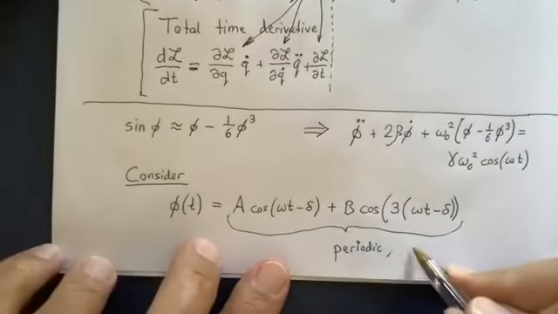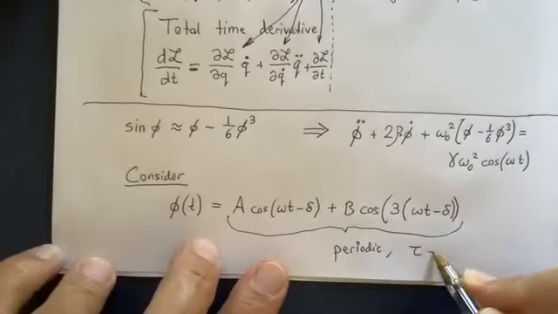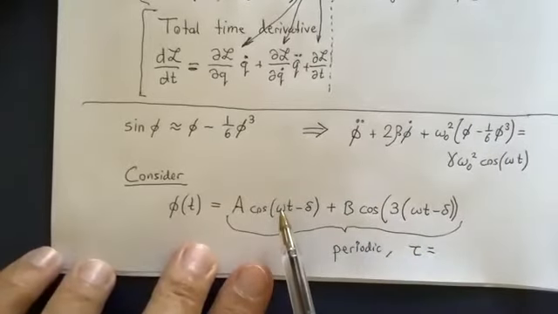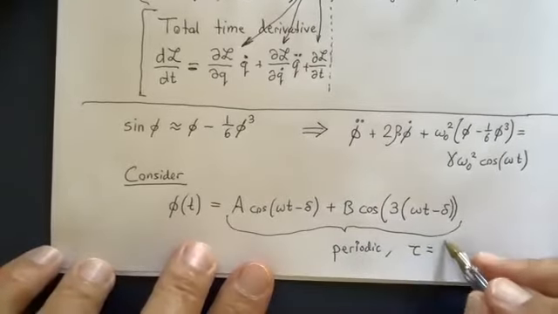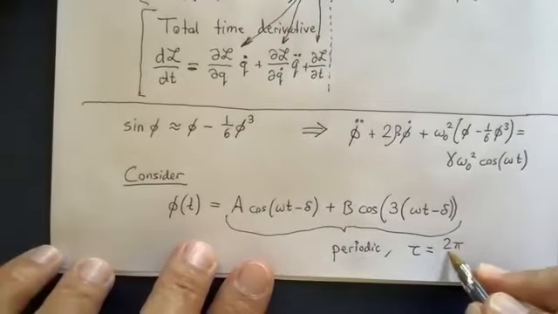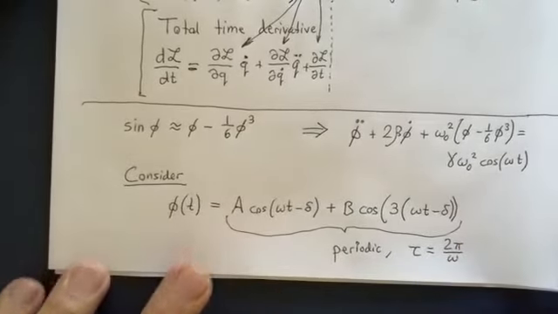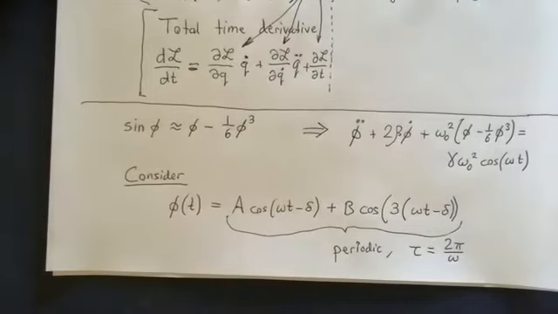And the period, you know, we like to use tau for the period, is 2 pi over omega. So if you draw a picture of this, you'll have the fundamental, this cosine, and you see the frequency there, radians per second, so the period of that is 2 pi over omega.